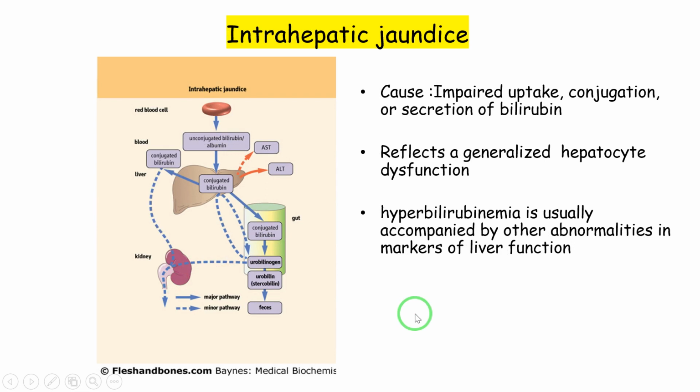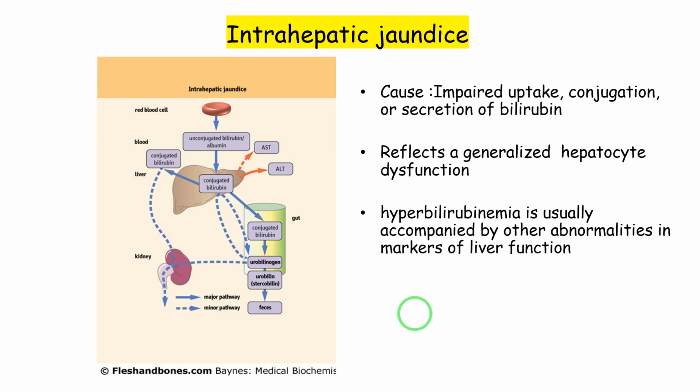The other type of jaundice is the hepatic jaundice, or intrahepatic jaundice. Three processes normally occur in the liver regarding bilirubin metabolism: the uptake of bilirubin, the conjugation, and the excretion.